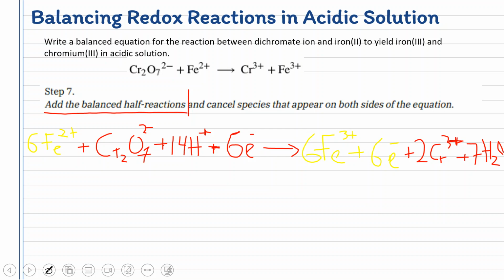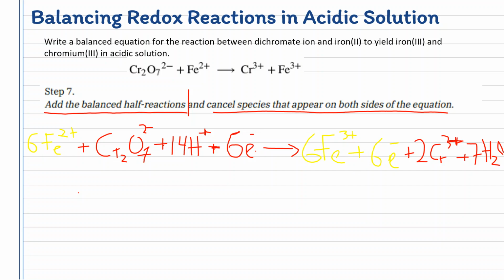The last part says to cancel species that appear on both sides of the equation. So we want to see any species that is on the left and is also on the right. We need to cancel it out. I nearly canceled this out, but this is 2+, this is 3+. They are not the same.